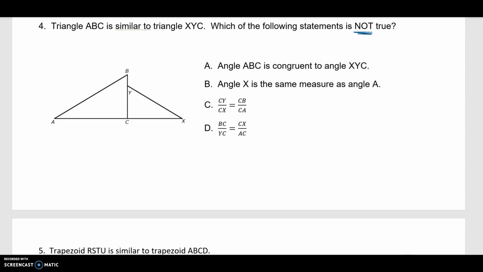Something to remember about similar shapes: they have congruent angles, so angles that are in the same spot in the two triangles are equal, and they have proportional sides.